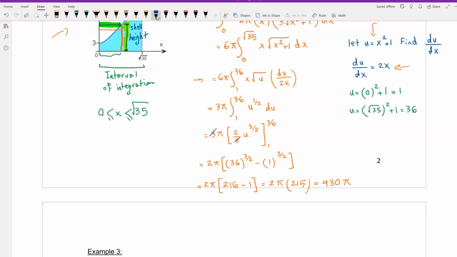Using a calculator, 36 to the power 3 over 2 is 216. So we have 2 pi times 216 minus 1, which is equal to 2 pi times 215. So the final answer is 403 times pi. This means the volume of the region revolved above the x-axis is 403 times pi.